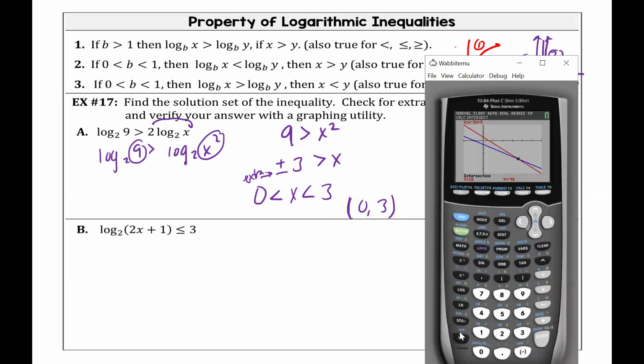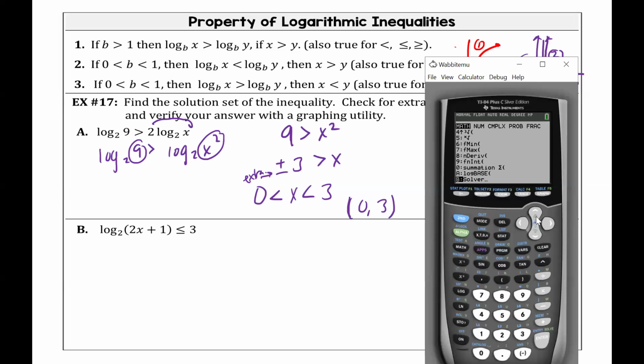So again, unlike exponentials, we're actually putting the log in the calculator. So we're going to put log base 2 of 9 as our first one.